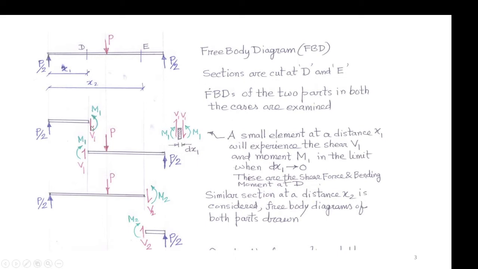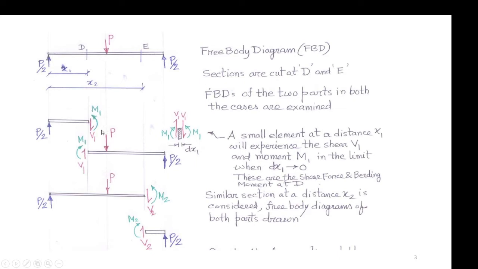So a right-down shear V1 should exist there, and a counterclockwise moment M1 should also exist at that section. With V1, M1 and P by 2, this part of the beam should be in equilibrium. I have put the section at an arbitrary distance x1 from the support, so I can vary x1 from 0 to L by 2 and get the values of bending moment and shear force at any location along the longitudinal axis.